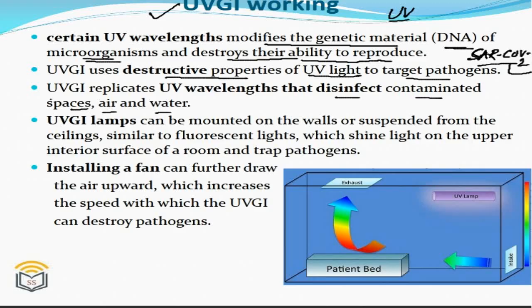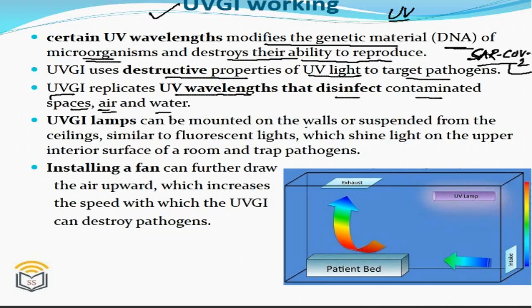UVGI will be some arrangement of a particular wavelength of UV lights which will disinfect contaminated spaces such as hospitals, nursing homes and restaurants, or public places like airports and many others.